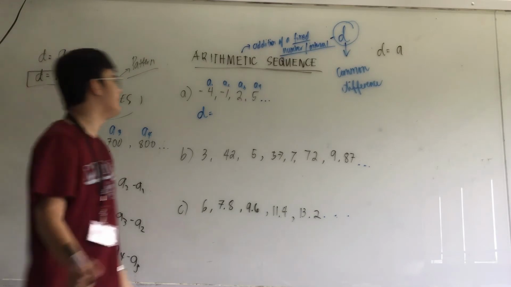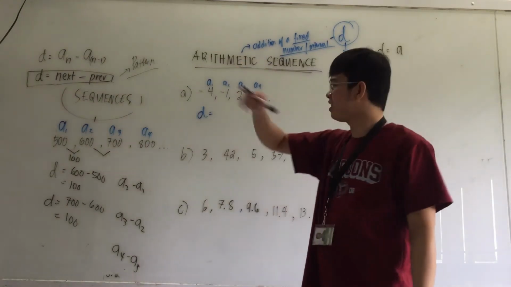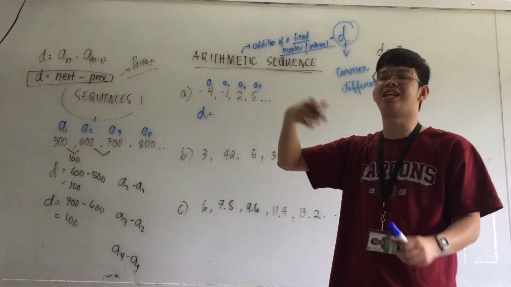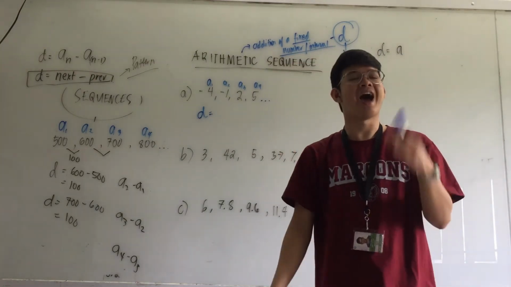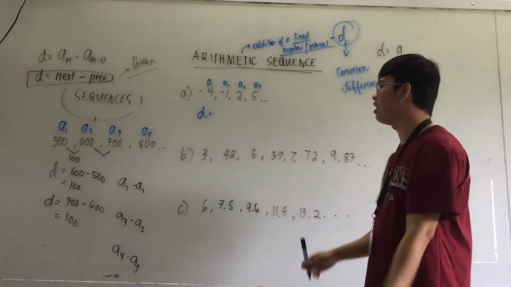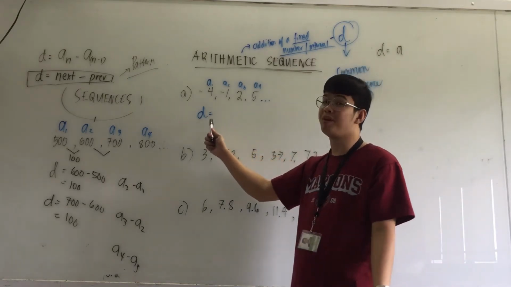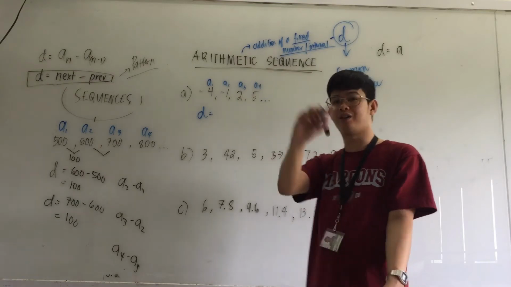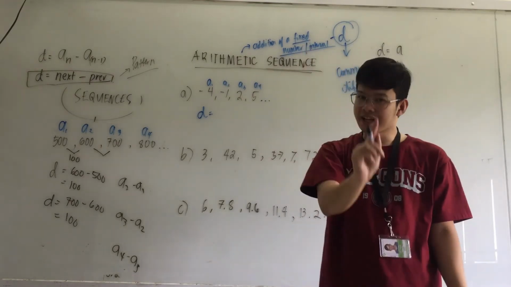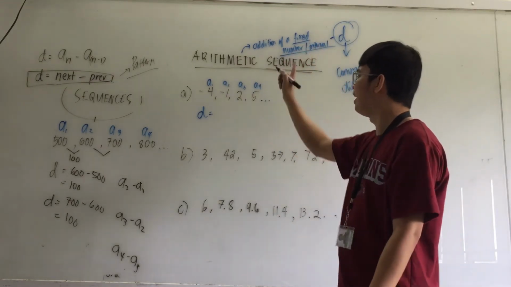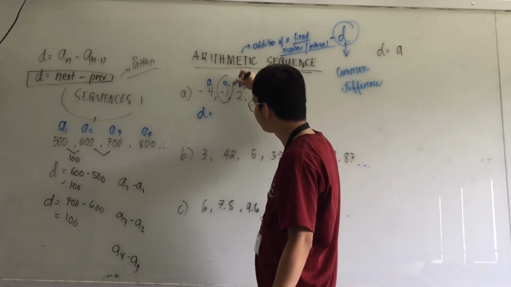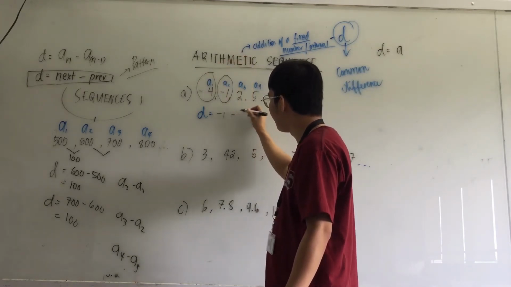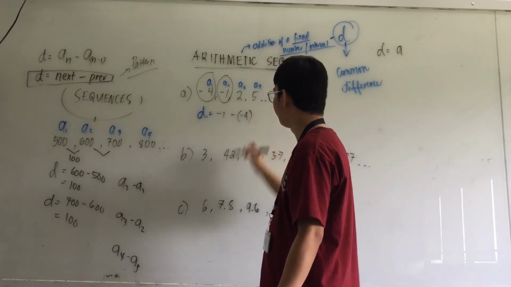Now, let's try to find out if this sequence has a common difference for us to say that it is arithmetic. Again, we need to find if there is a common difference for us to say that it is an arithmetic sequence. How do you do that? Next minus previous. In this case, we have next minus previous, negative 1 minus negative 4.